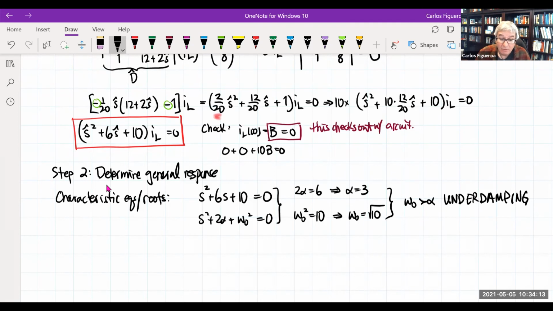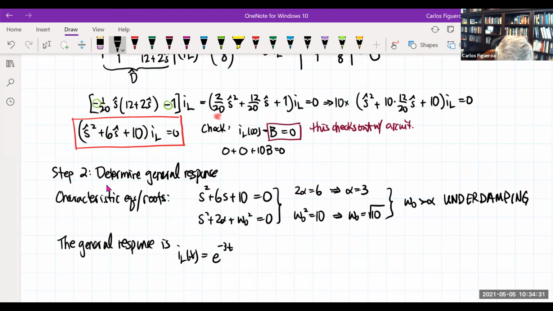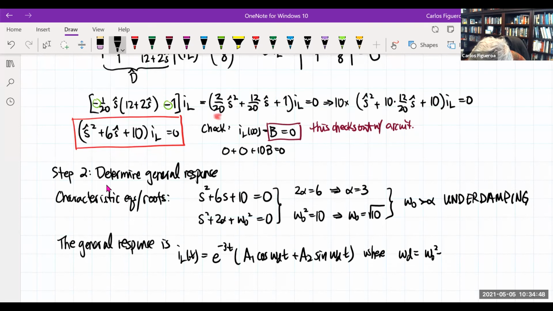Okay, so here I go. That means the general response is going to be IL of t, which will be e to the minus alpha t times a1 cosine omega d t plus a2 sine omega d t, where omega d is going to be the square root of omega naught squared minus alpha squared.